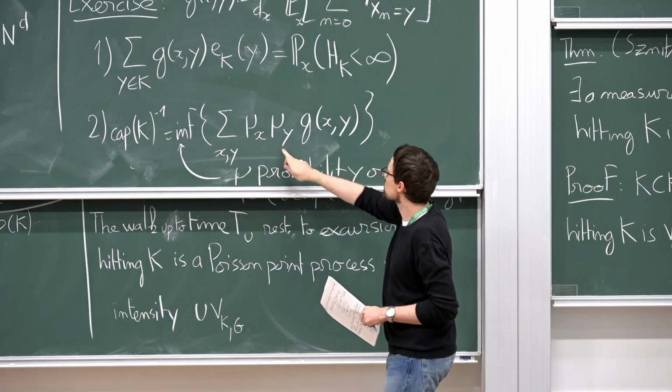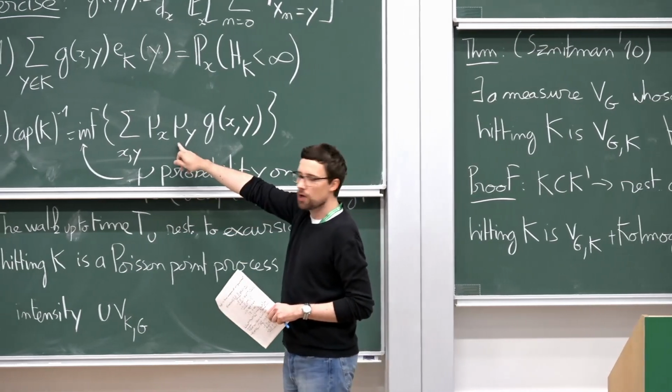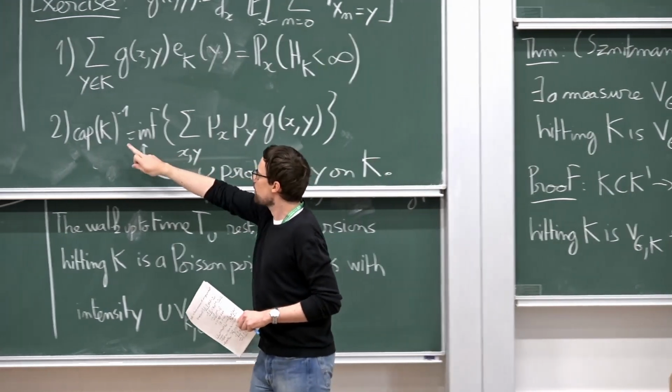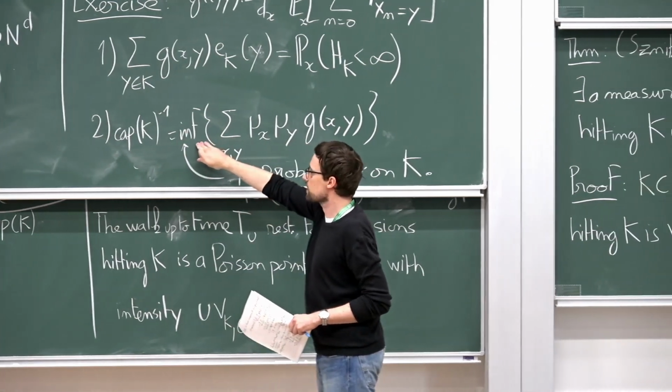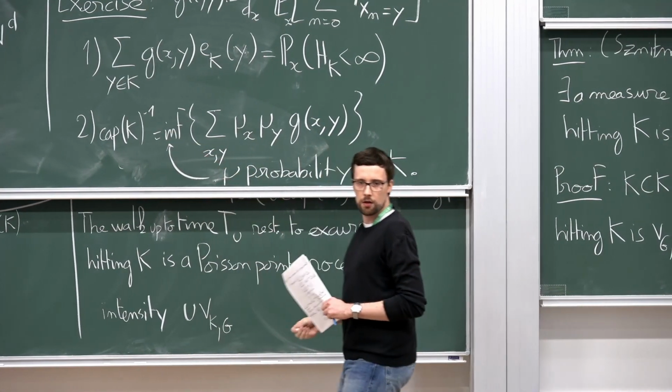You can first try to prove that if I take mu to be the equilibrium measure, then I get back the capacity. For that, you need to use the first formula, and then show that this is actually the smallest one.